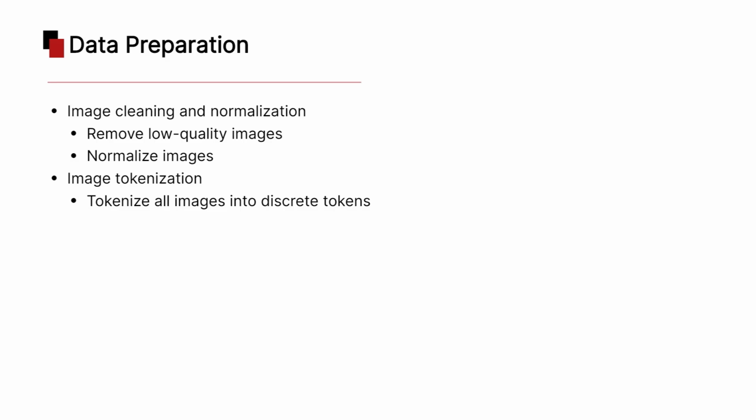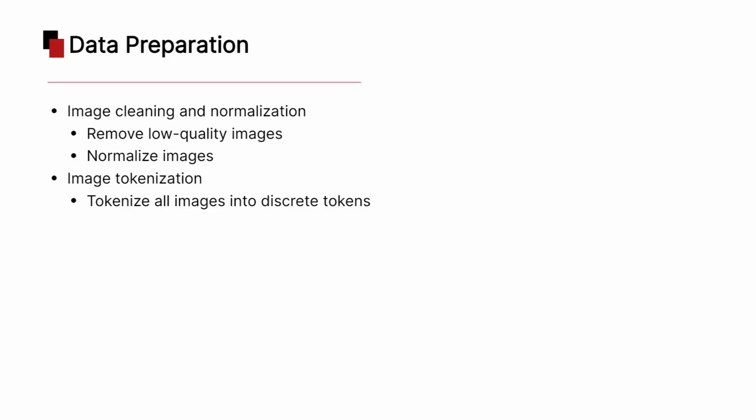In this step, we pass each image through a pre-trained image tokenizer, which converts the continuous pixel space into a sequence of discrete tokens. These tokens act like the words of a visual language, allowing our model to operate on structured symbolic representations rather than raw pixels. Tokenization reduces complexity, makes training more memory efficient, and enables autoregressive generation where the model predicts one token at a time.